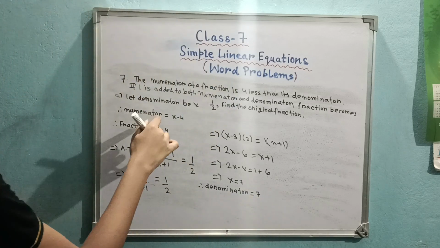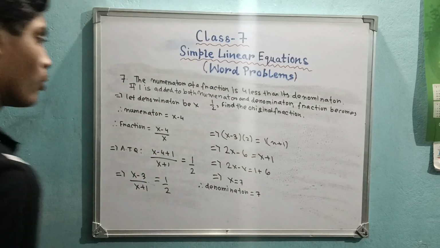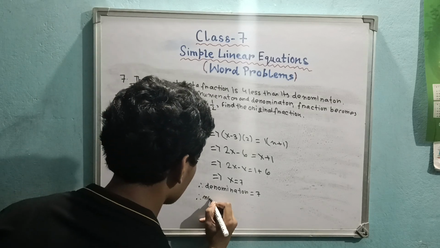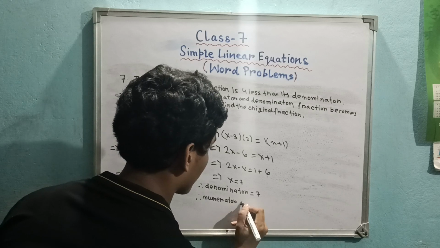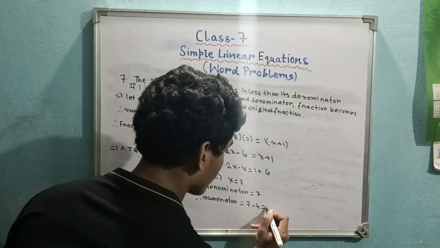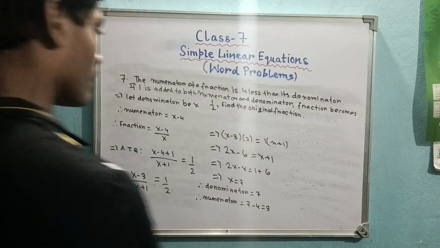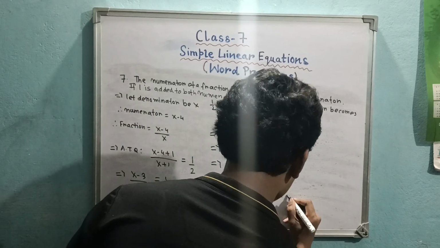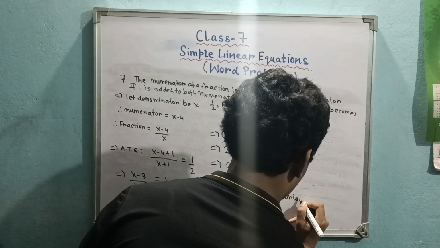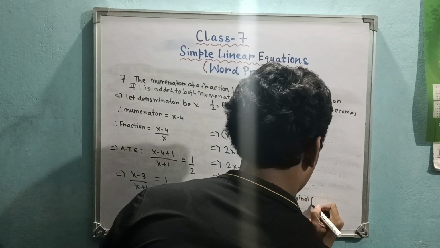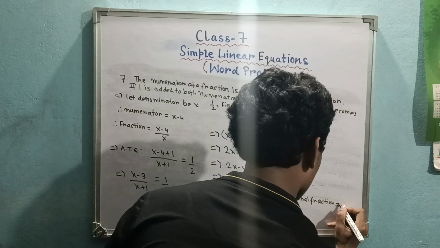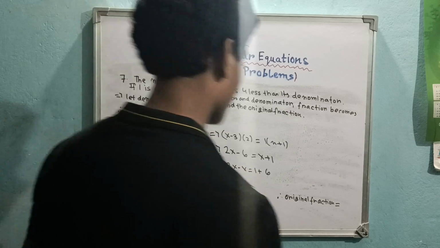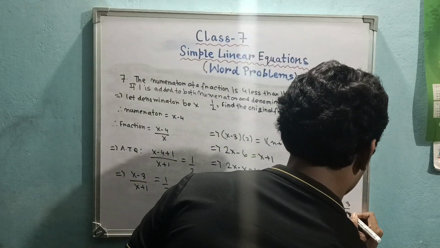And what was the numerator of the original fraction? x minus 4. So numerator equal to 7 minus 4 equal to 3. So now I can write, therefore, original fraction equal to 3 by 7, numerator divided by denominator.